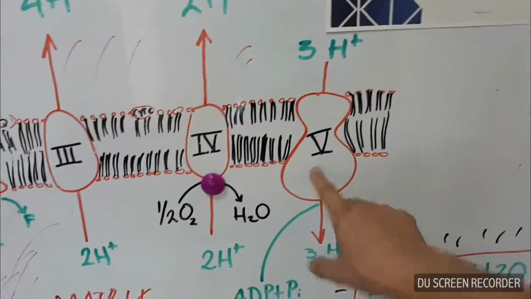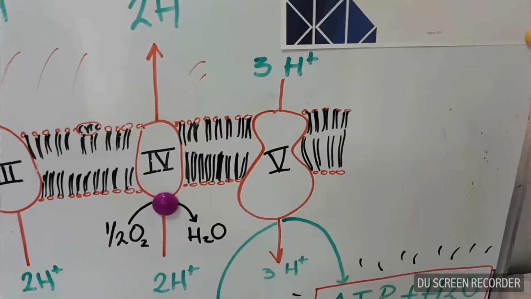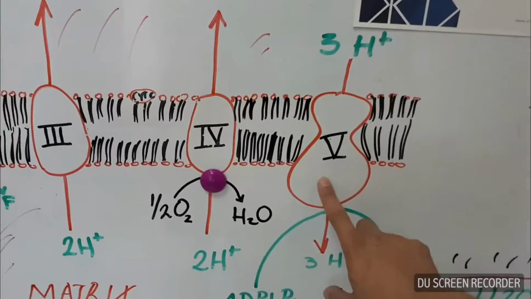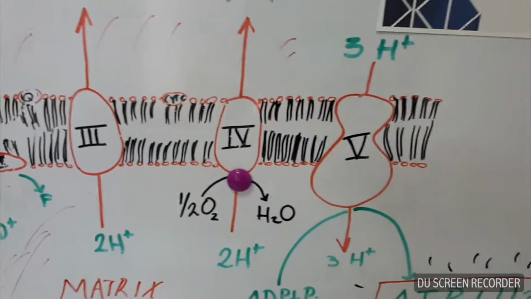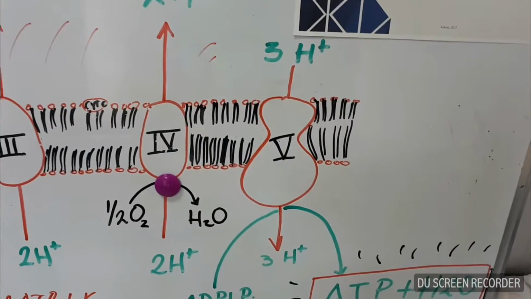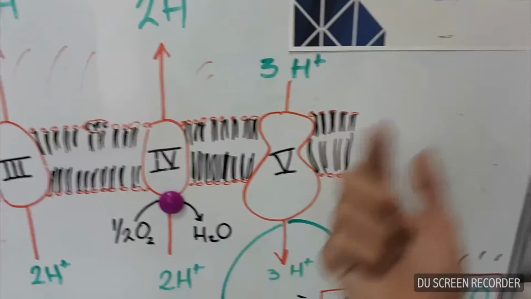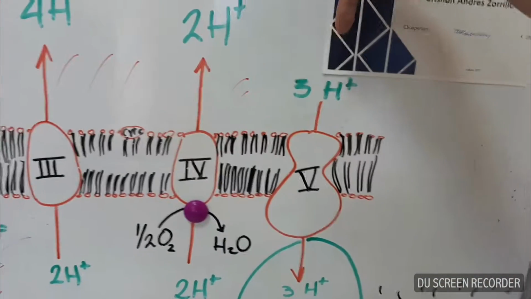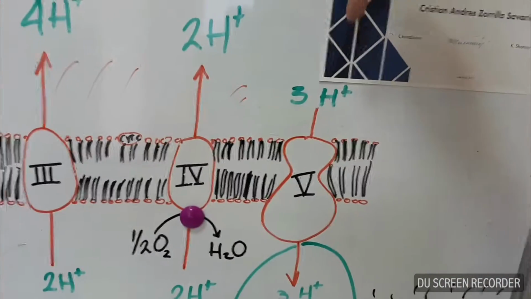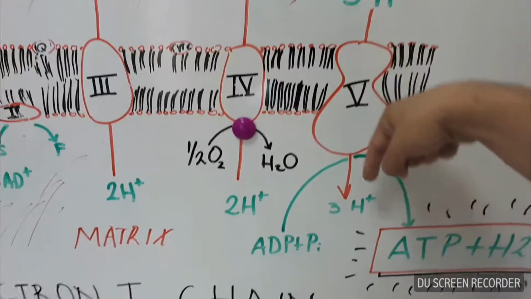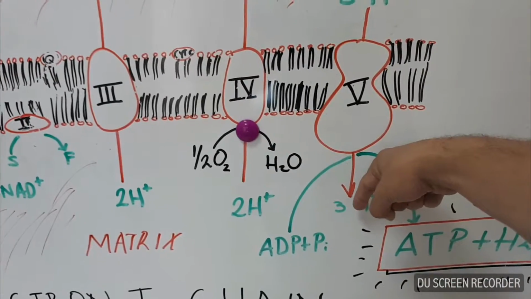The name of this, ATP synthase. ATP synthase. What is this? This is actually a pump. And this only allows hydrogen protons to come back in. When they come back in, they charge this.